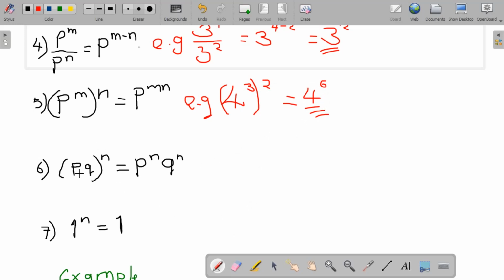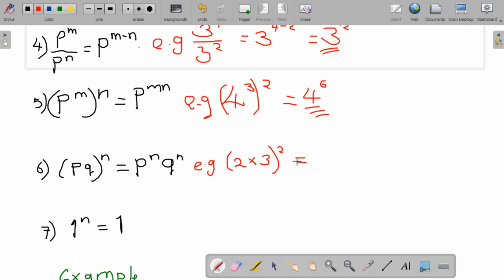Rule number 6 says that when you're multiplying numbers which are in the same bracket, and then both numbers are raised to a certain power, you distribute the power to all the numbers inside the bracket. For example, we can say open brackets, 2 multiplied by 3, close bracket, to the power 2.